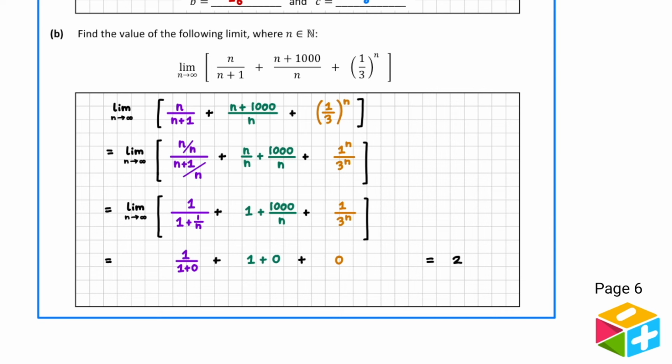This means that the 1 over n, the 1000 over n, and the 1 over 3 to the n will all go to 0 when we take the limit as n goes to infinity. 1 over 1 plus 0 simplifies to 1, so we end up with 1 plus 1 plus 0 plus 0, and this gives us 2.